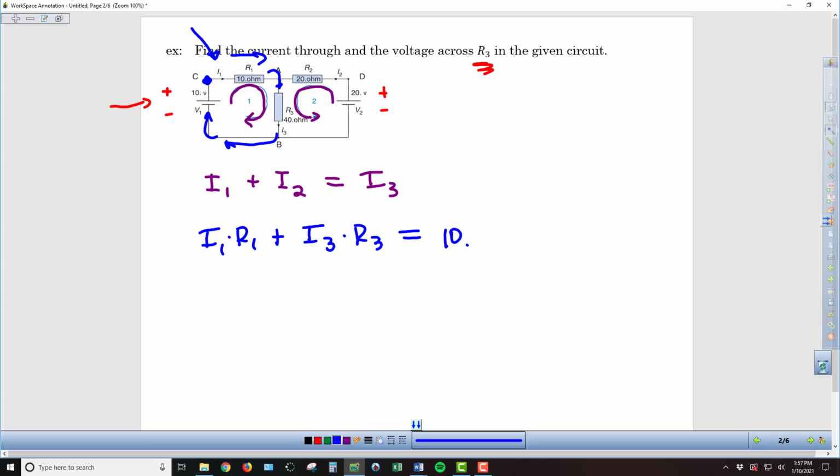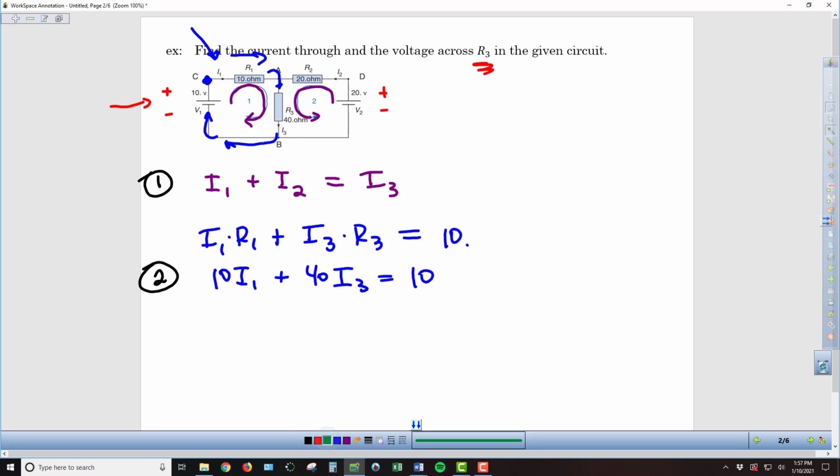So I'm going to clean these up now since R1 is 10. So I have 10 I1 plus 40 I3 equals 10. So there's our second equation. We've got our first one right here from Kirchhoff's current law, and our second one here from Kirchhoff's voltage law applied to that left-hand loop.